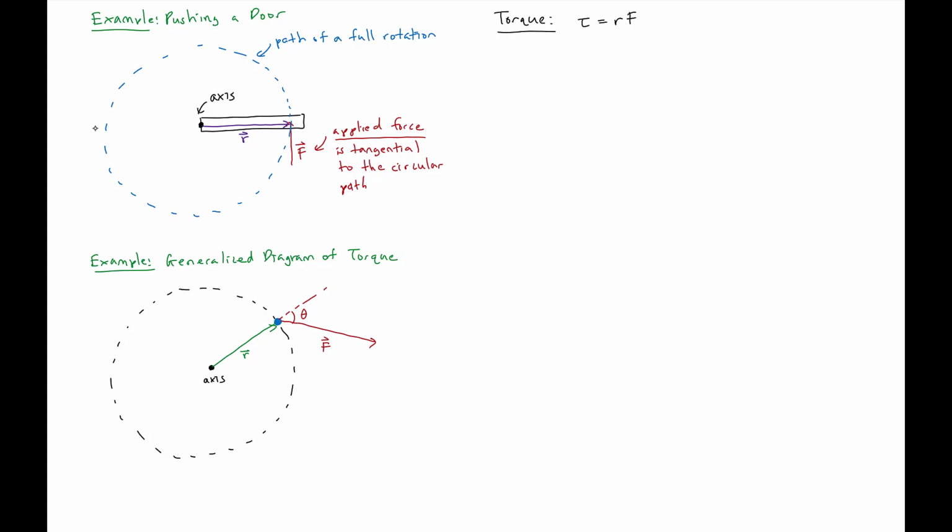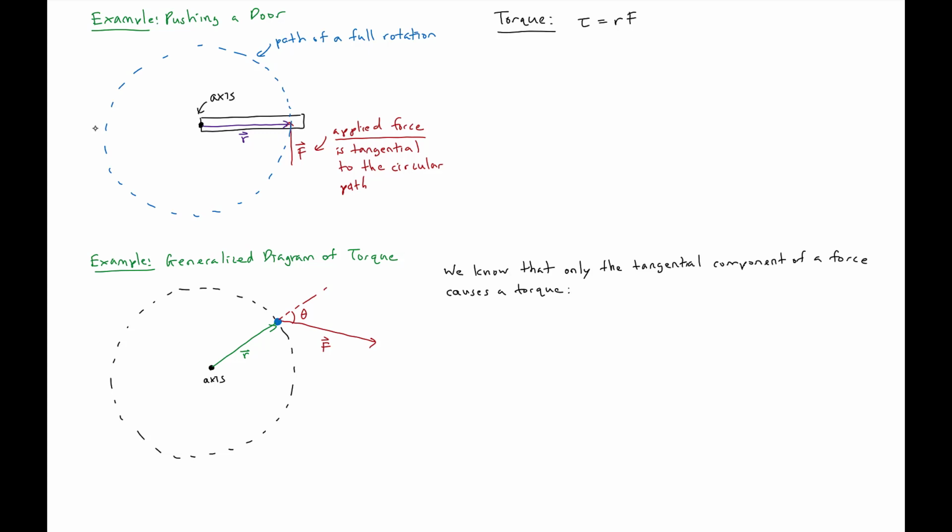So from this, we now have to do some further analysis. We know that only the tangential component of a force causes a torque.